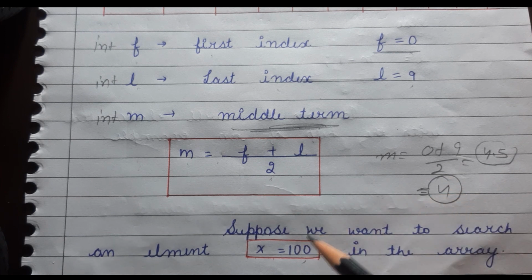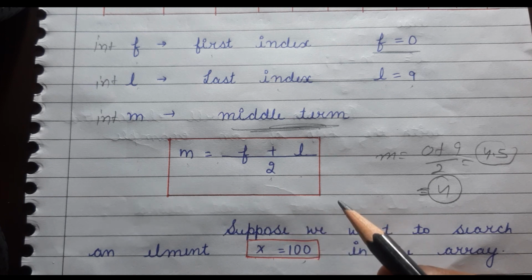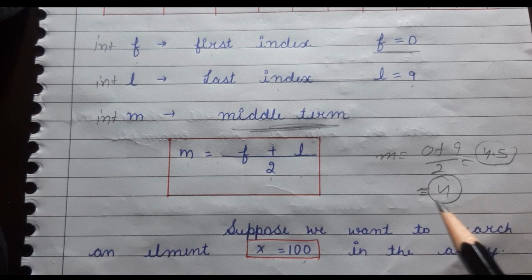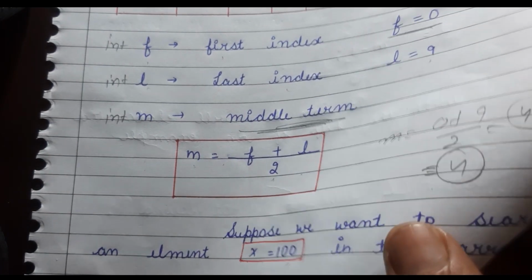After comparing with the middle element, we analyze in which half our element exists, in the first half or in the second half. Okay, so for this, we discuss one pseudocode.